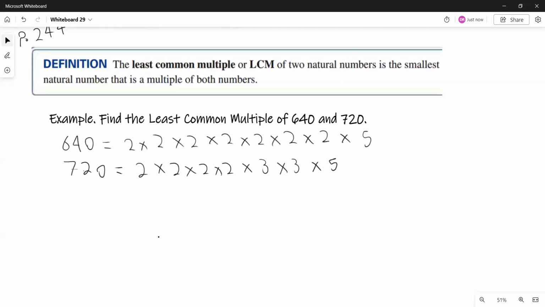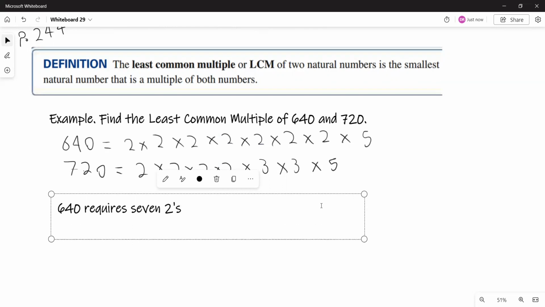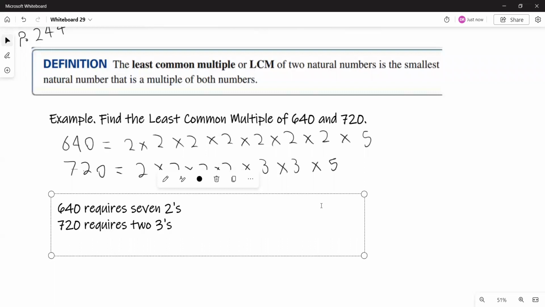So we observe that 640 requires 7 twos, 720 requires 2 threes, and they both require 1 5.